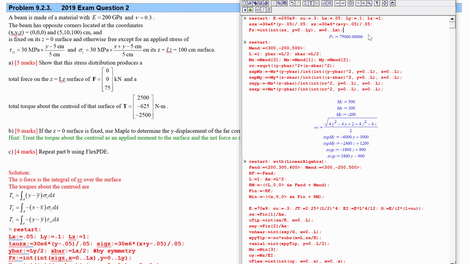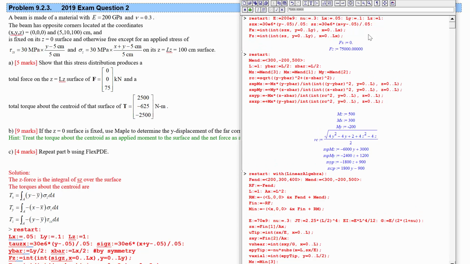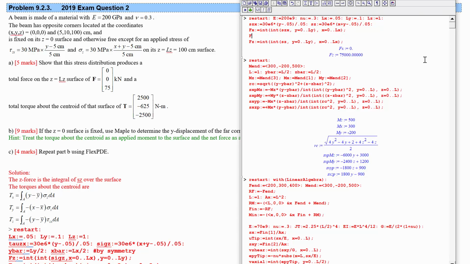What about the force in x and the force in y? Force in x we could get by taking the integral over the surface of what? Of Szx, the stress on the Z surface in the x direction. And that is 0. This produces no net force in x as expected. And what about the stress in y?